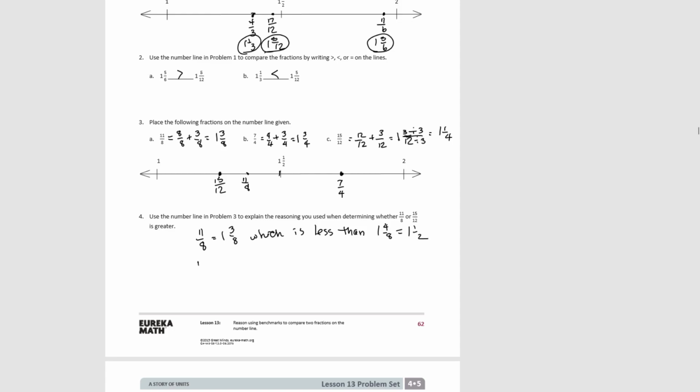And 15/12 equals 1 and 1/4, which is equal to 1 and 2/8, which is less than 1 and 3/8.